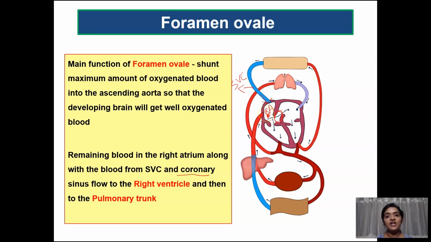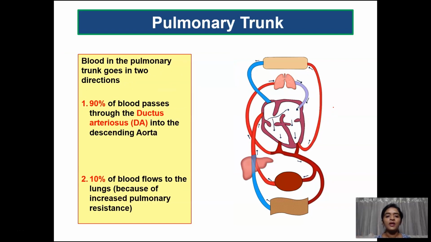This blood is, of course, not well oxygenated. It will pass from the right atrium to the right ventricle and then enter the pulmonary trunk. The pulmonary trunk carries oxygenated blood, but the level of oxygenation won't be that much compared to that of the ascending aorta.